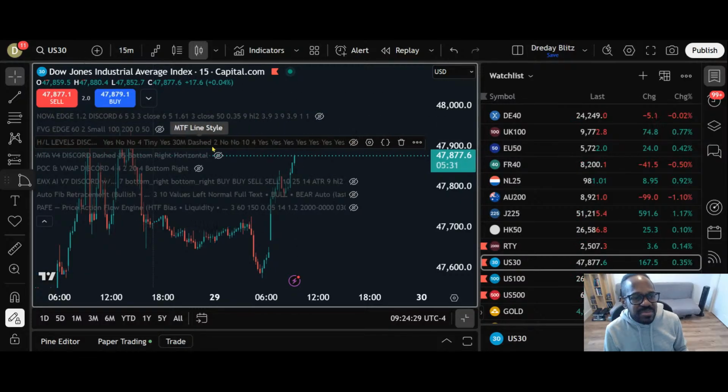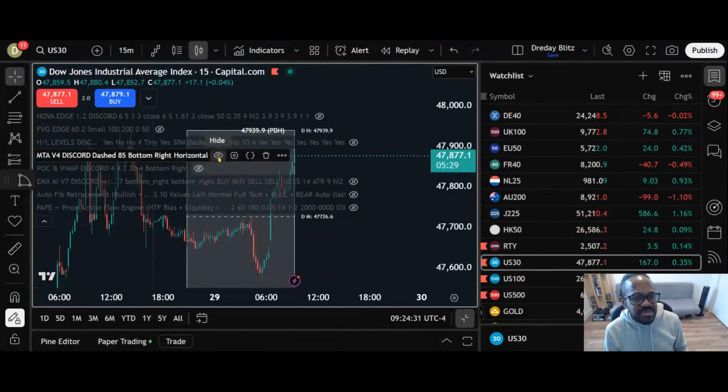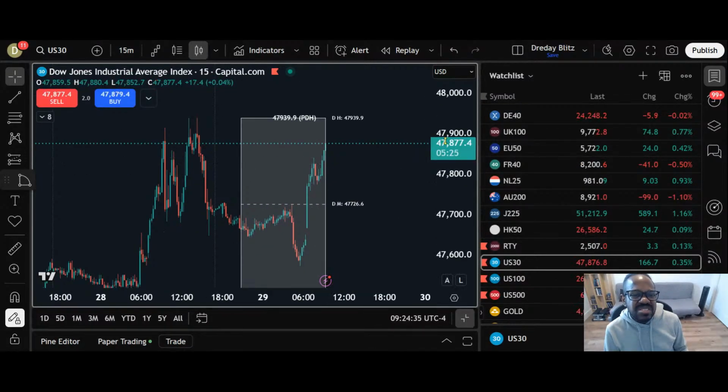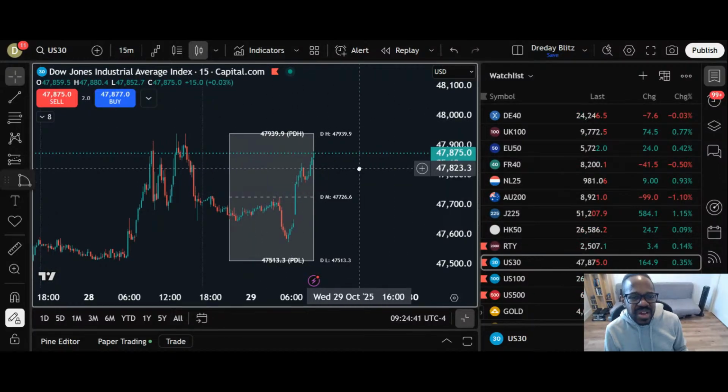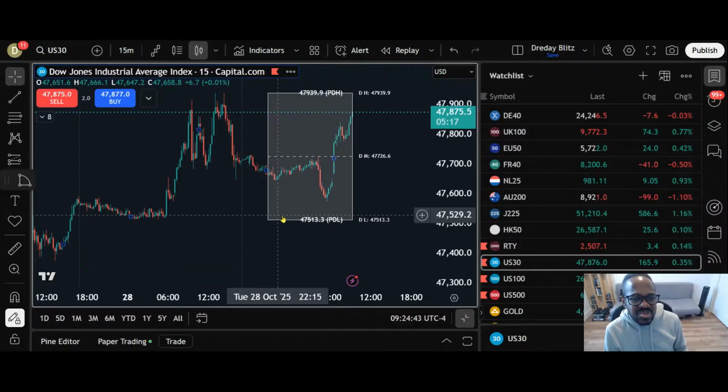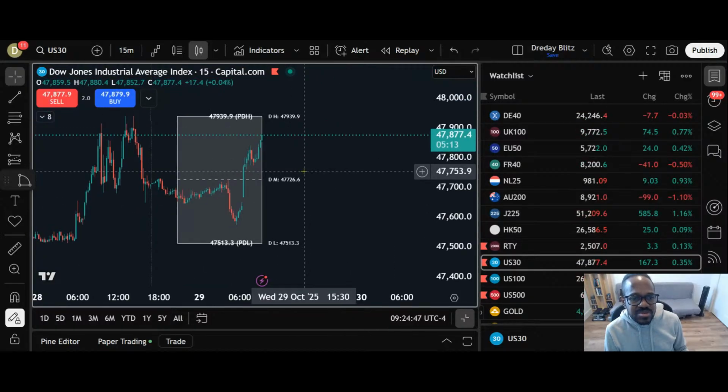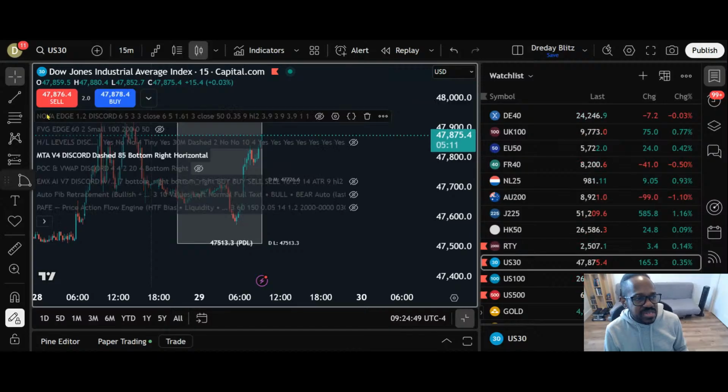Then you have MTA, multi-time frame analysis, providing you with the previous day high, low, and medium price. Our previous day's high was right here, the medium price was right around where we're at, and the low of the previous day was right here. So we can see exactly where the price is trading off of.